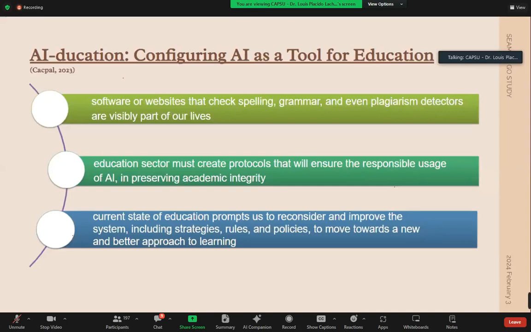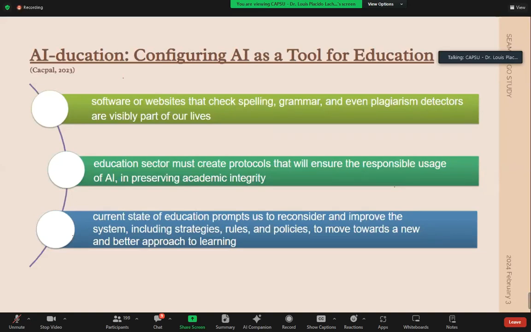So the education sector must create protocols that will ensure the responsible usage of AI in preserving academic integrity. And I believe that this is one of the challenges of any educational sector within the Philippines, in the ASEAN region, and in the whole world.